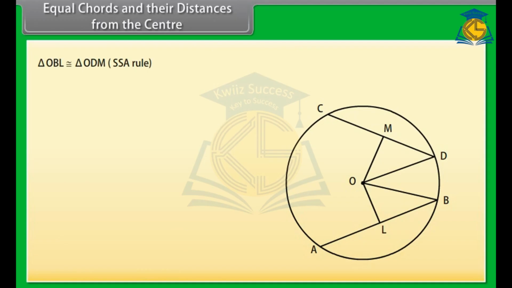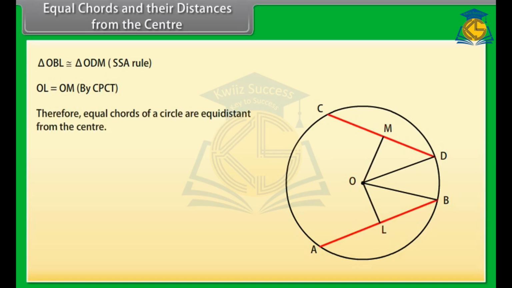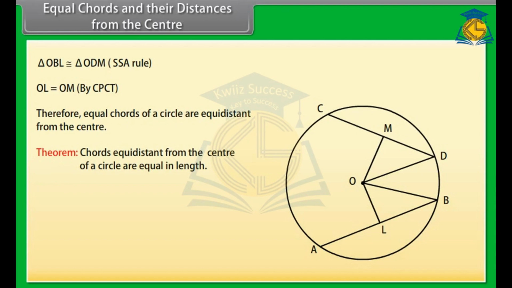Therefore, by the congruence rule, triangle OBL is congruent to triangle ODM. This implies that OL is equal to OM by CPCT. Therefore, equal chords of a circle are equidistant from the center. The converse of this theorem says that chords equidistant from the center of a circle are equal in length.